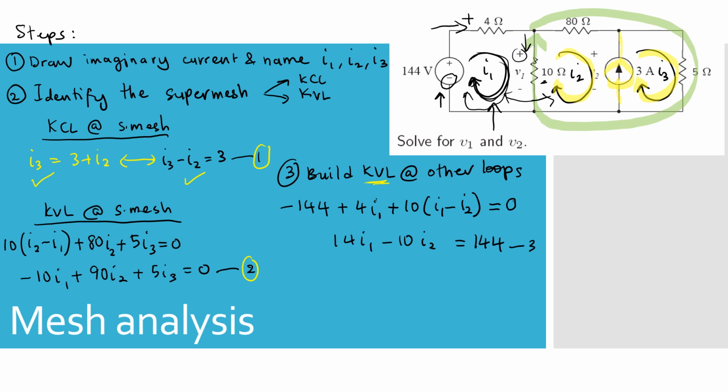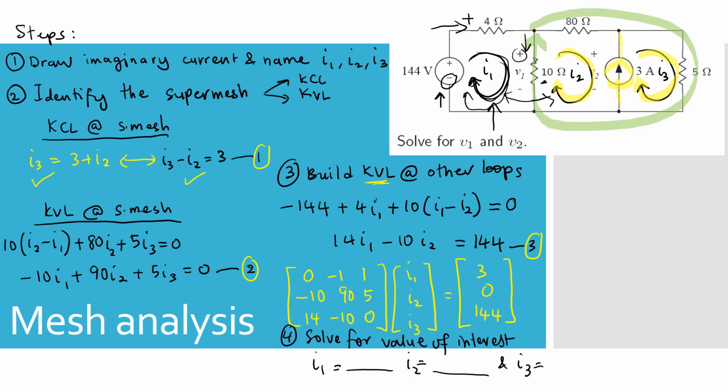Okay, rearrange this equation and you will have the third equation. Use your calculator and you can solve for the values of interest. That is our last step. I will leave this for you to check and find the solution. So let's recall what our aim in mesh analysis is.